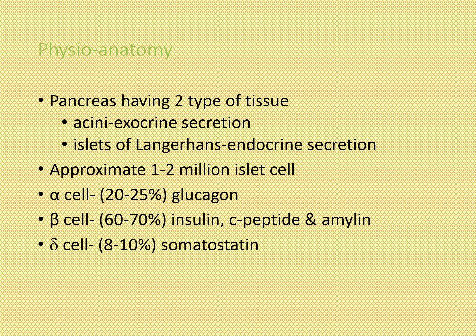Delta cell, very less, 8 to 10%, releases somatostatin, and the PP cell or F cell releases pancreatic polypeptide. So these are the secretions of the pancreas, mainly insulin, glucagon, others are somatostatin and pancreatic polypeptide.